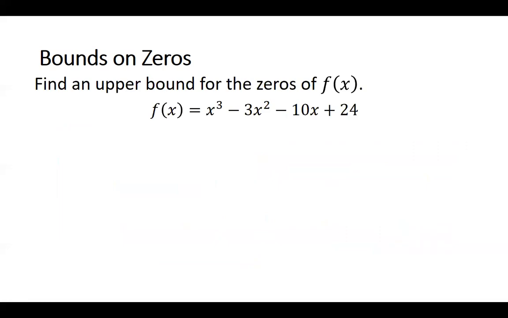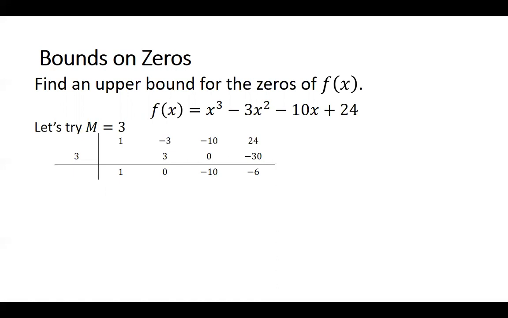Find an upper bound for the zeros of f of x, where f of x is equal to x cubed minus 3x squared minus 10x plus 24. So let's try m equal to 3. So capital M equal to 3.